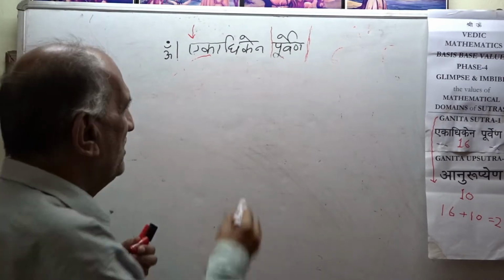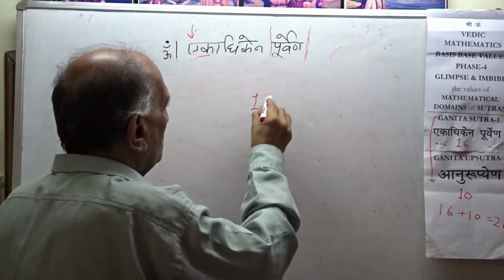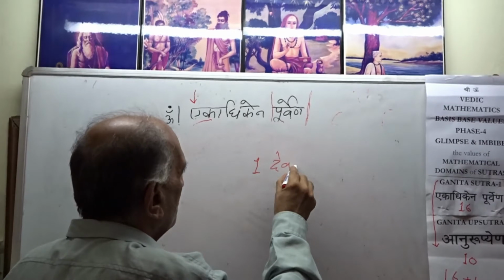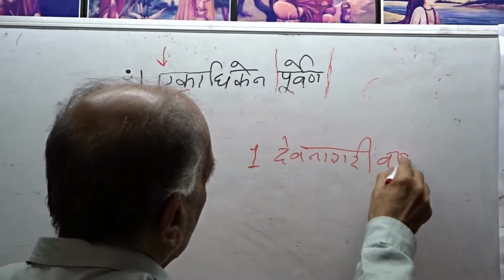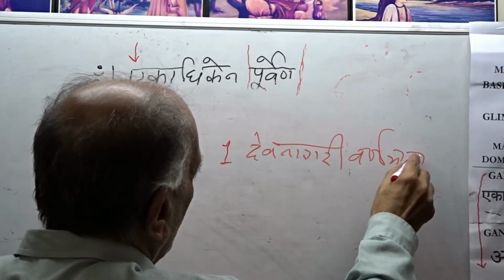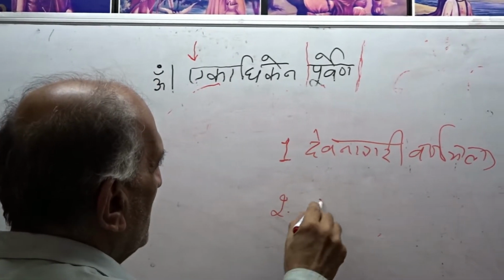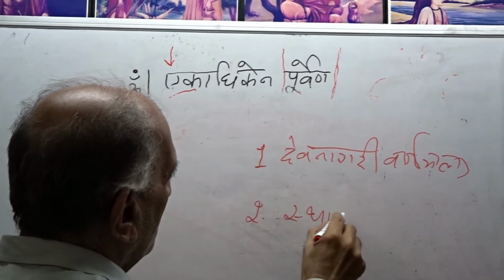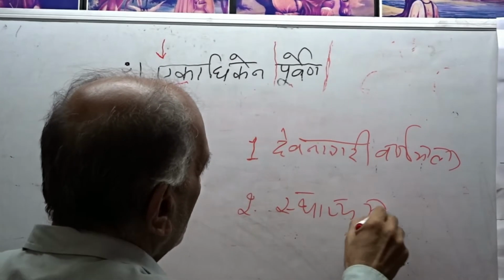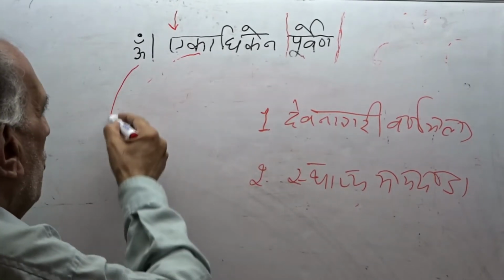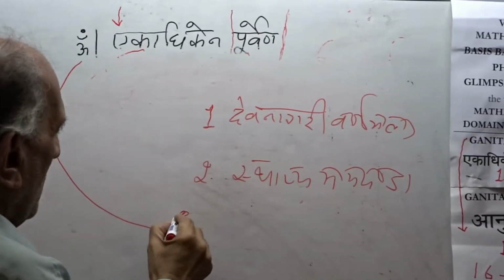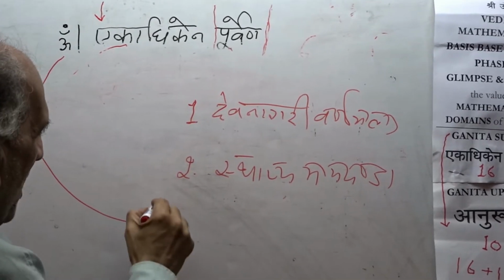The first format, which we have said earlier, is of the Devanagari alphabet, Devanagari Varnamala. The second format is of Sthapatya Mapdan. And the third is of Om. This is the Vedic system of approach.